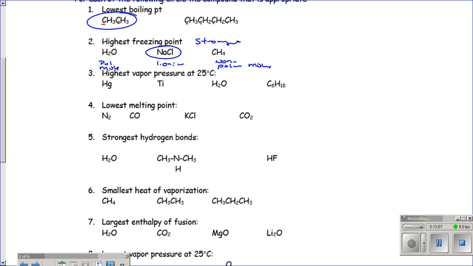The greatest vapor pressure: we know that higher vapor pressures occur with weaker interparticle attractions. So we're looking here at a metal, another metal, water, which is a molecule and it is polar, and we have a carbon chain, dispersion.